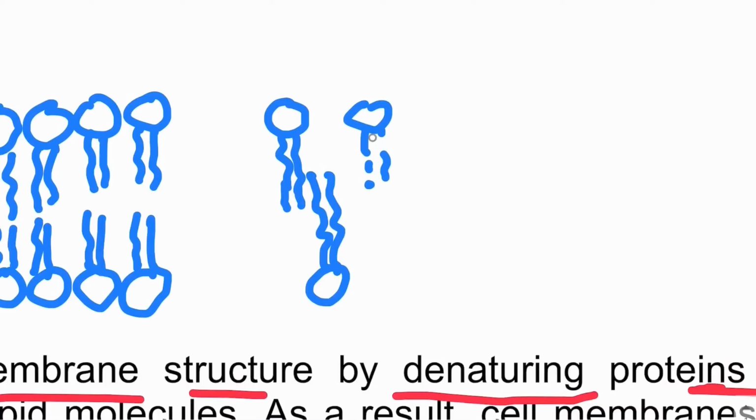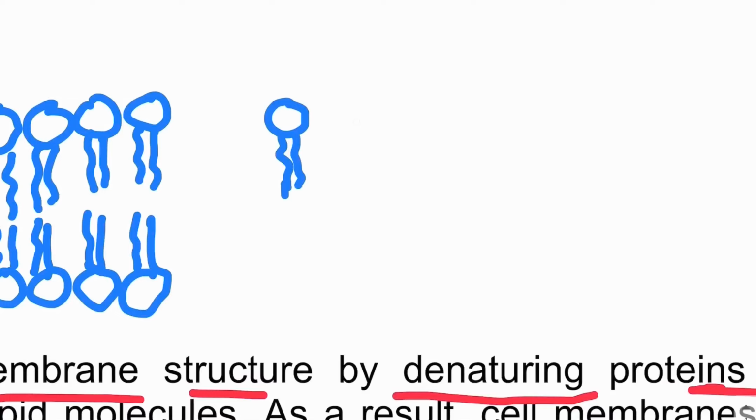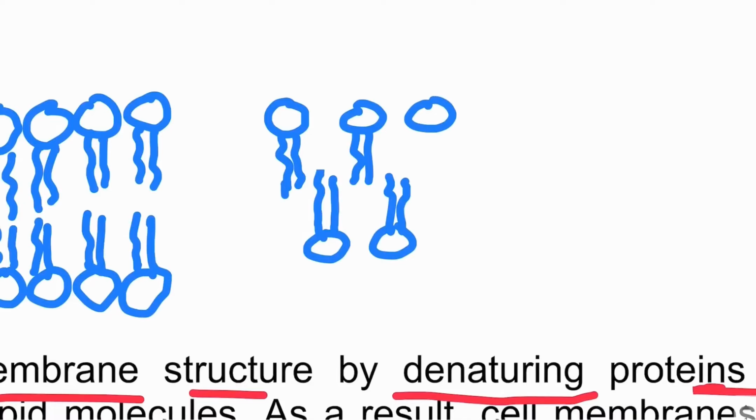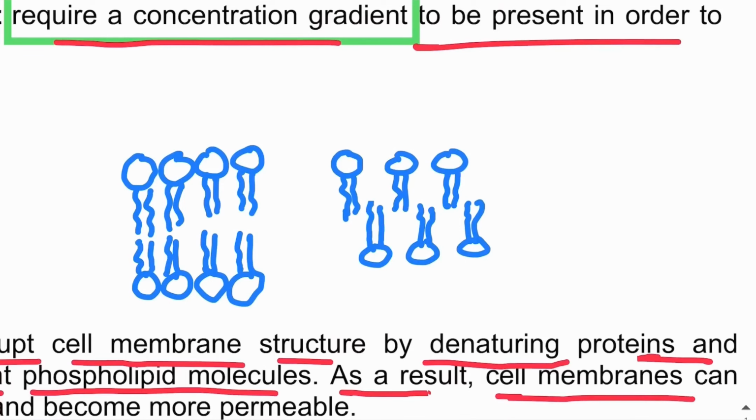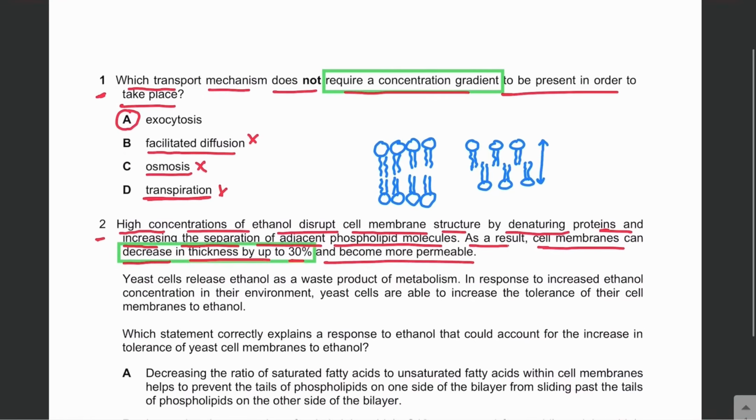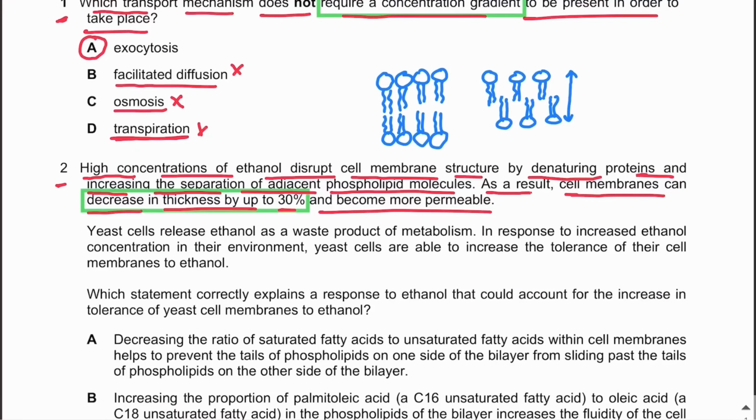So this can give a picture somewhat like this that I'm drawing right now, and this will result in the decrease in thickness of the membrane. So phospholipids are separated and the tails in one layer slide over the tails in the other layer, and this results in decreasing the thickness of the membrane. This is what happens when ethanol is present, and this is how ethanol disrupts the membrane structure.